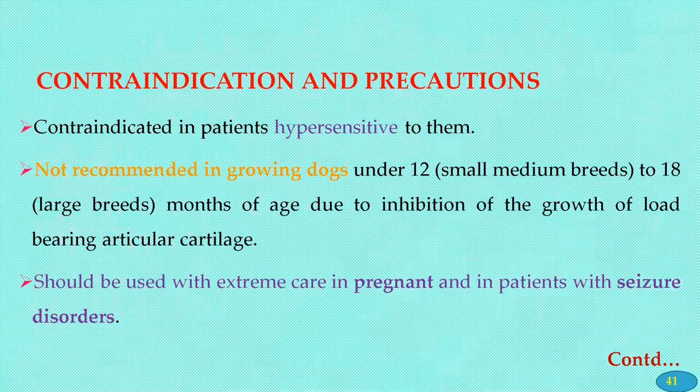Please remember that any type of fluoroquinolones, enrofloxacin, cipro, norfloxacin, are not recommended under 1 year of age in small breeds, like Pomeranian, Poodle, Dachshunds, etc., and under 18 months, especially in bigger breeds like the Doberman, German Shepherd, Boxer, Bulldog, Rottweiler, etc.